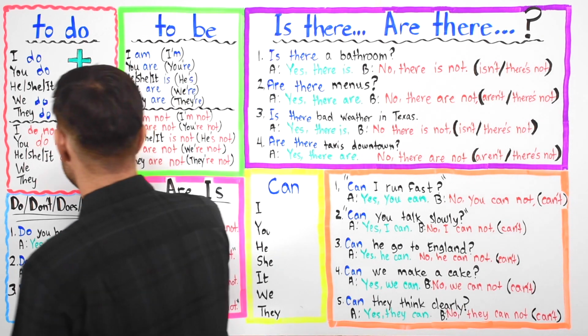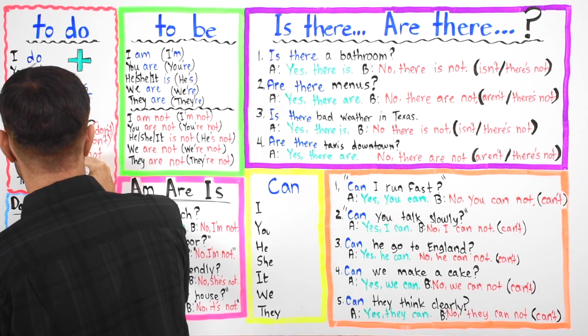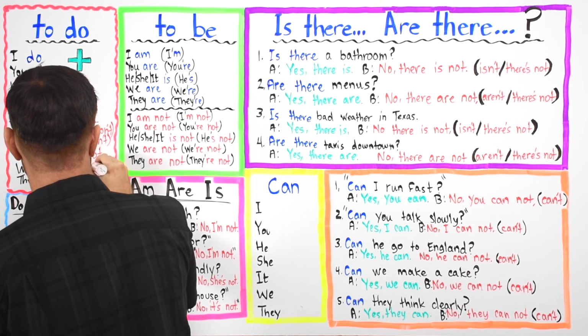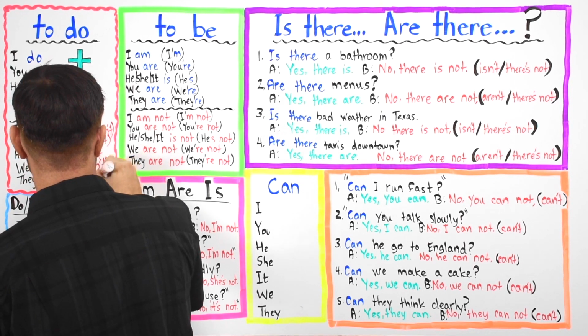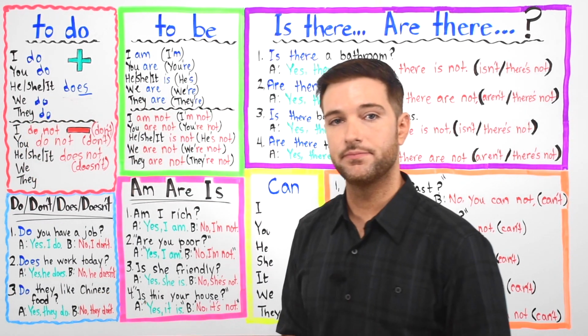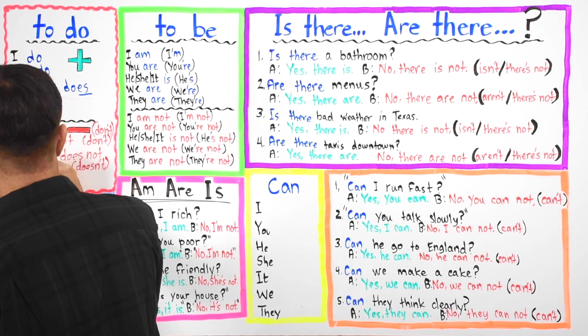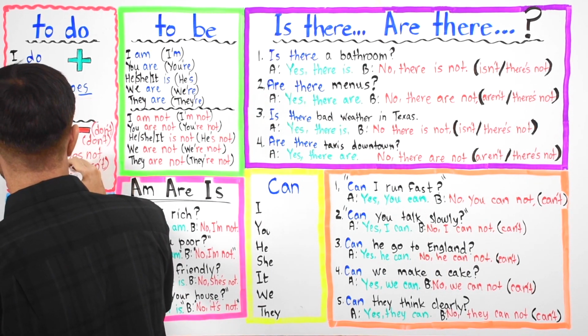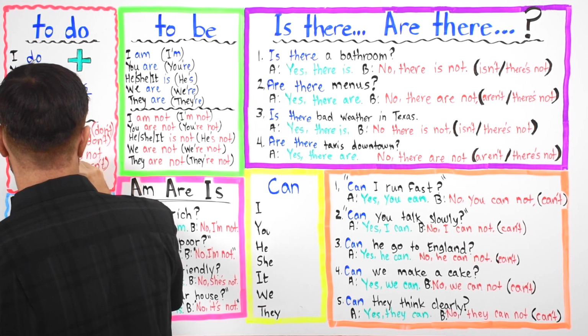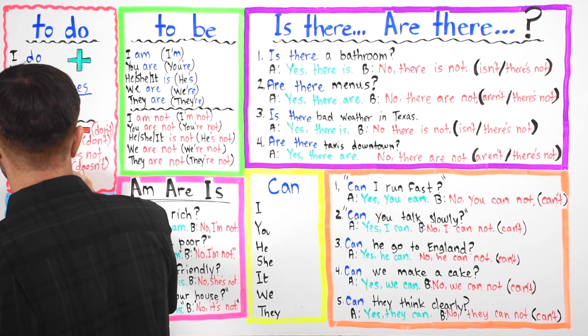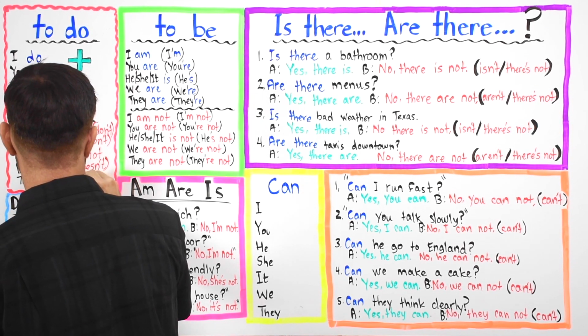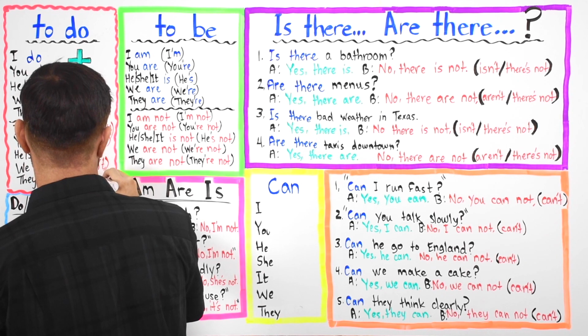Okay, I'll write it. So he doesn't, she doesn't, it doesn't. Okay, and then we have we do not, or we don't. Okay, and then they do not, or they don't.